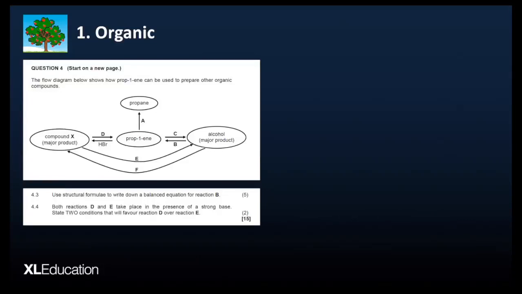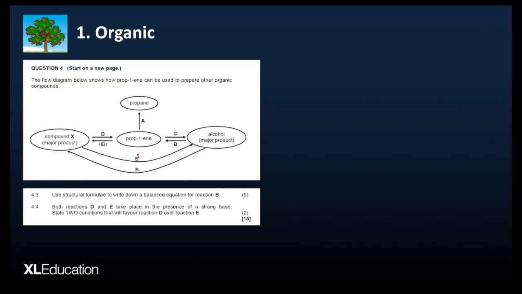It just needs writing all the reactants and the products. Then you show them with their bonds. But nonetheless, let me move on to something that I find to be relatively much easier. Both reactions D and E take place in the presence of a strong base. We have discussed this earlier on.